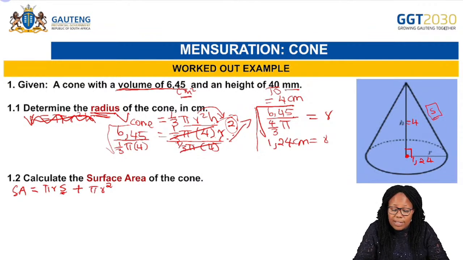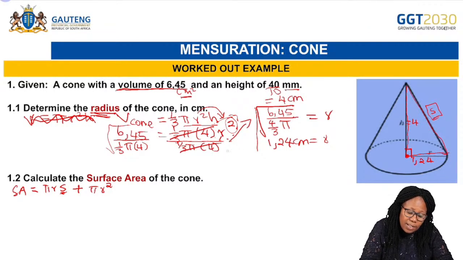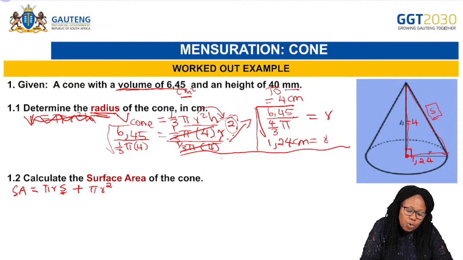And then to calculate the slant height, we are using this triangle of 90 degrees here. Using what? Pythagoras. The minute you have a 90 degrees, you can apply Pythagoras. And then let's calculate the slant height, grade 12 then. That is the hypotenuse side according to Pythagoras. So we know that it will be s squared equal to the 2 side, which is height squared, plus the radius squared.